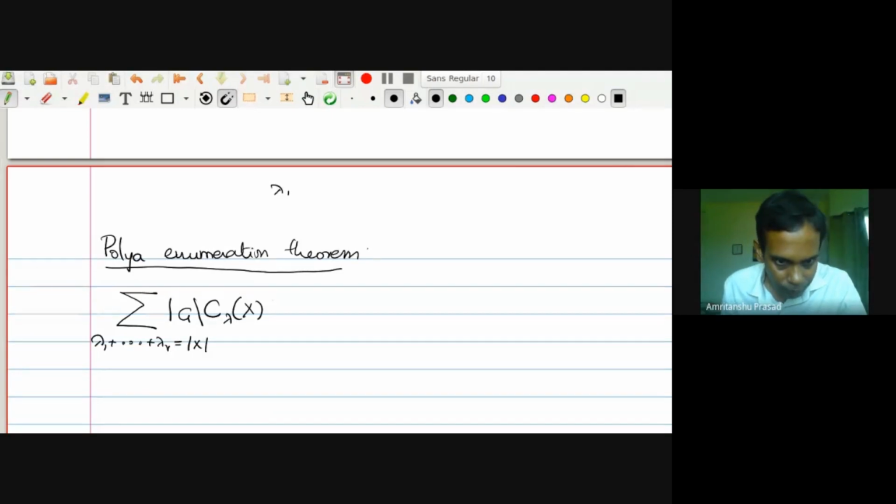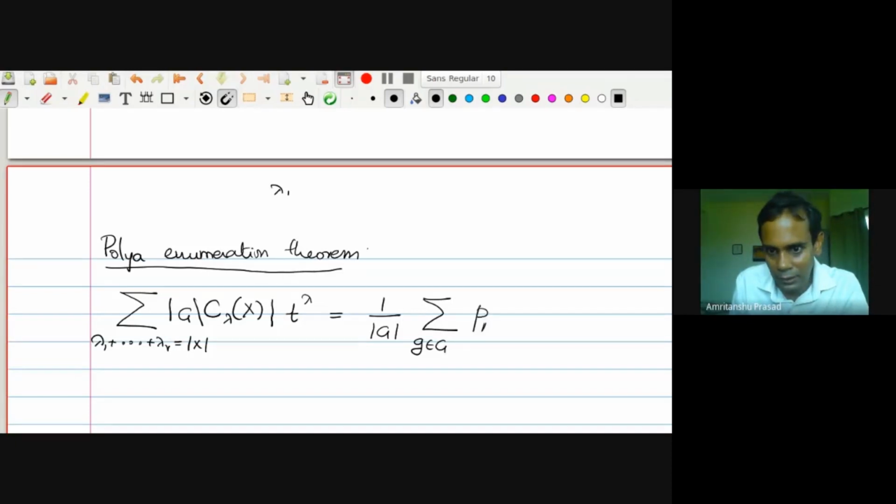Now if you take a coloring, then its orbit will have colorings of the same weight, because you're just transforming the elements, you're not changing the number of beads of any given color. So this times t to the power lambda, if you take the sum over all these lambdas, this is 1 over G. And this is again an equation of the same kind. The right hand side is the sum over G of p subscript mu of g, evaluated at t1 through tr.